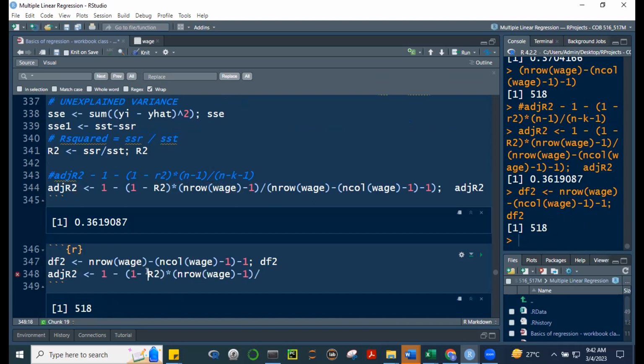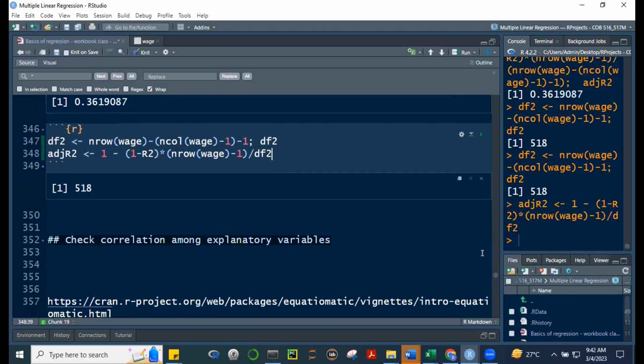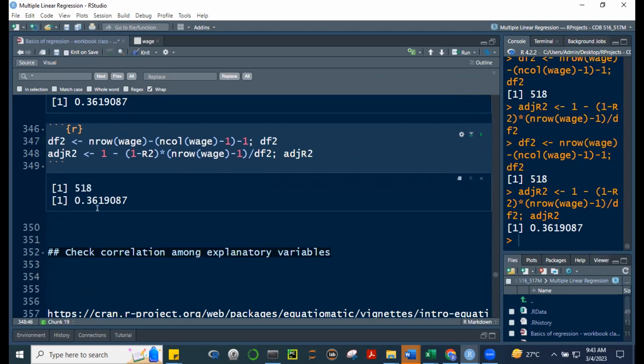This is the formula to get the adjusted R squared times the number of rows minus 1 divided by degree of freedom. It would look simpler, right? Because the formula is confusing. And if we run this, the adjusted R2 didn't run. All right, 36.9. Okay, so waiting for the others to give their feedback.